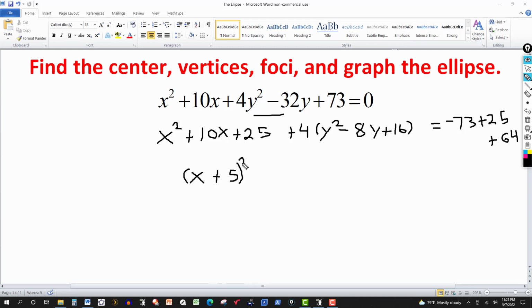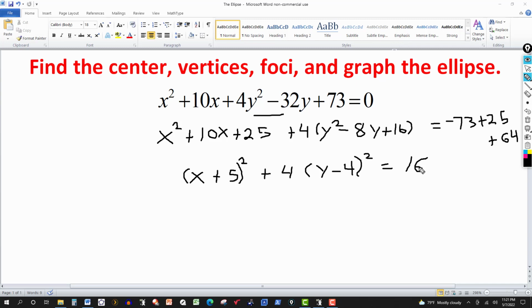quantity squared. And then the next part here, I have 4, and then in the parentheses, y squared minus 8y plus 16, that factors into y minus 4 times y minus 4. I'll write that as y minus 4 squared. And then the right side was just 16.